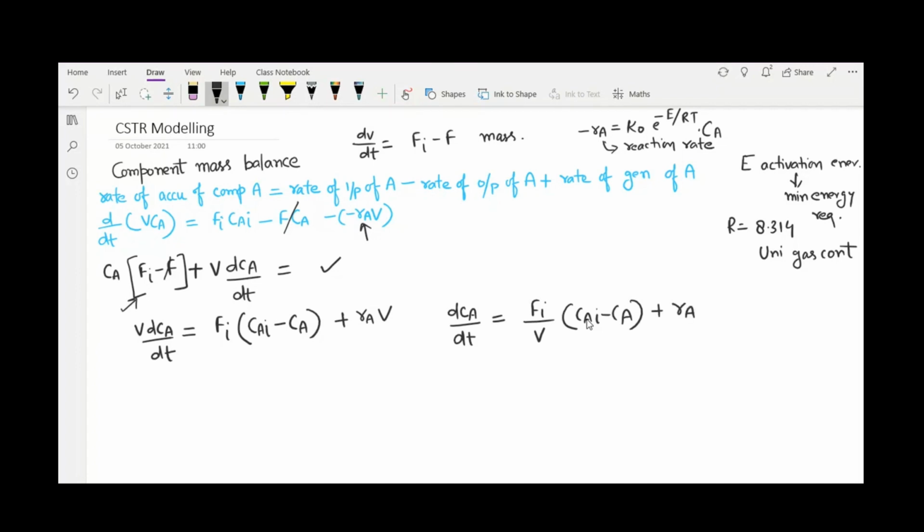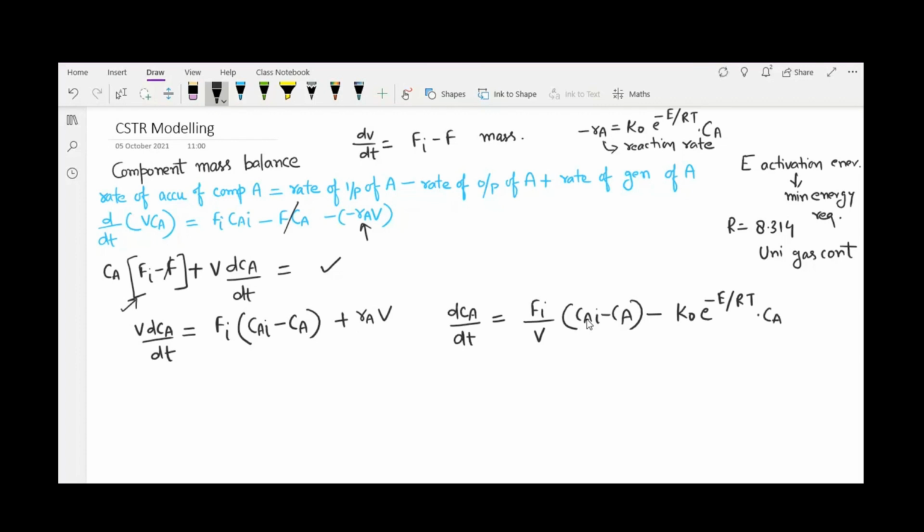So this is the component mass balance equation, and here we can substitute this minus Ra. So we can write minus K naught e raised to the power minus E by RT into Ca, right?